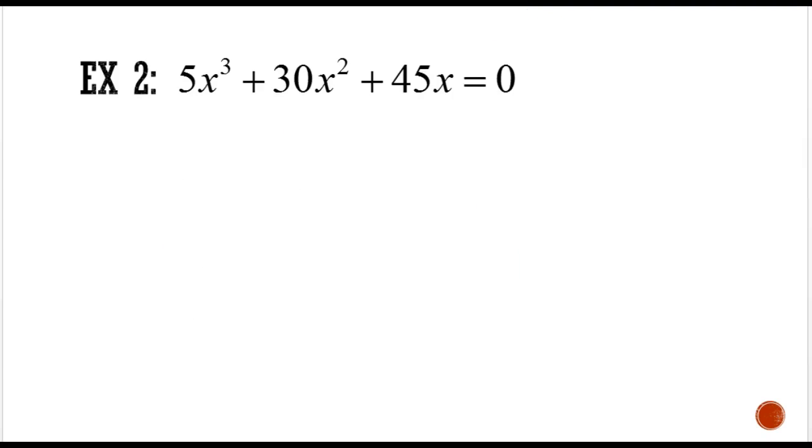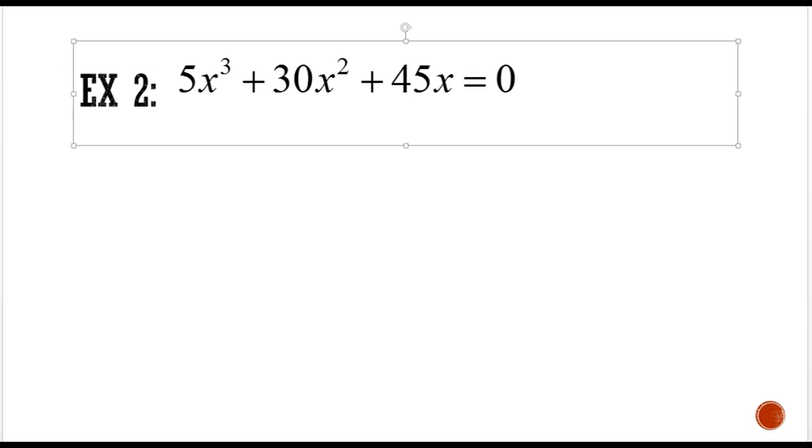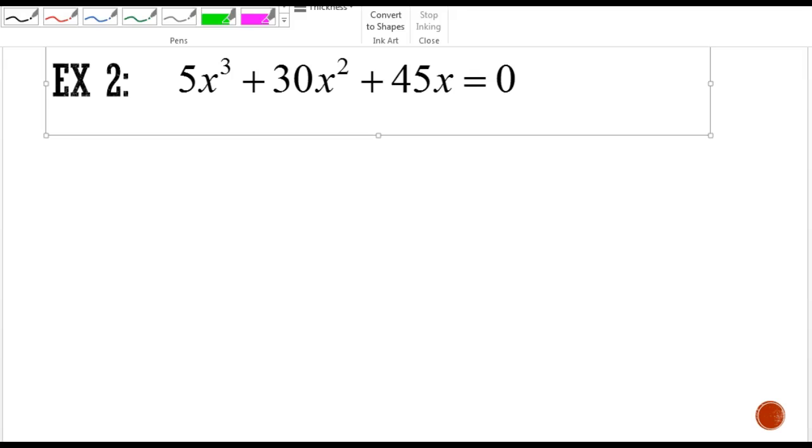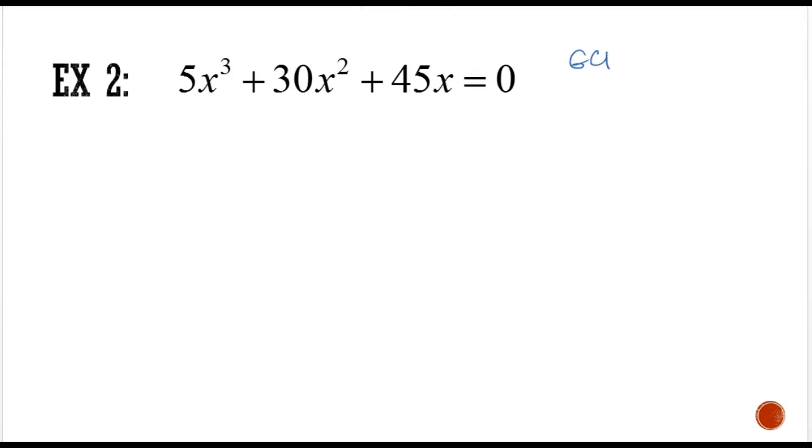Remember we talked about the first thing to look for is there a greatest common factor? Yes, you can take a 5 out of all of these. And then look at your x's. Can I take an x out of all 3 pieces? I can.